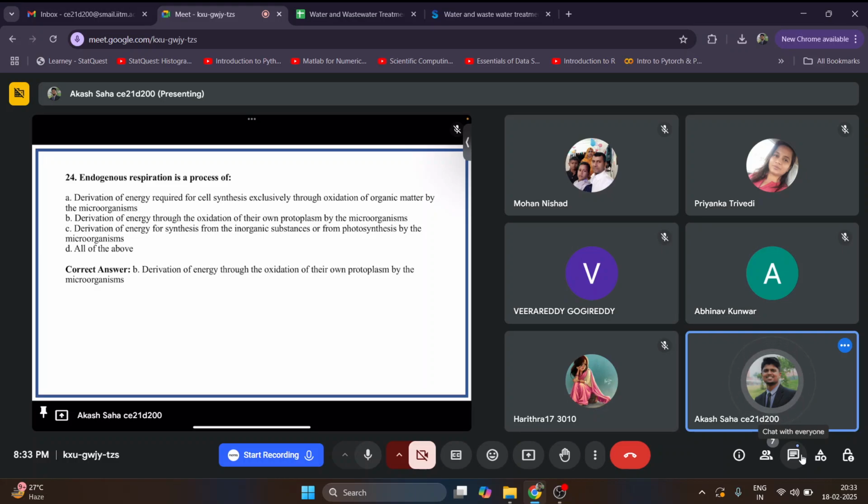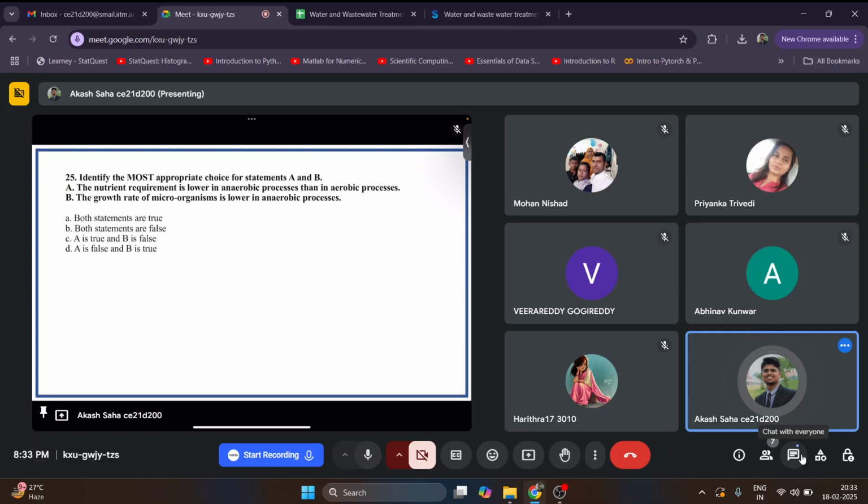Whereas the first one is a process for sustaining, where they derive energy by oxidation of organic matter. So we saw catabolism, but when we are talking about endogenous respiration, the oxidation of their own protoplasm will happen. So option B is the correct answer.